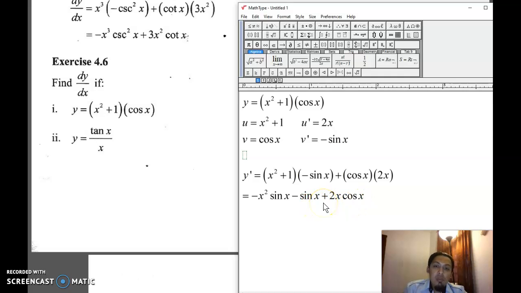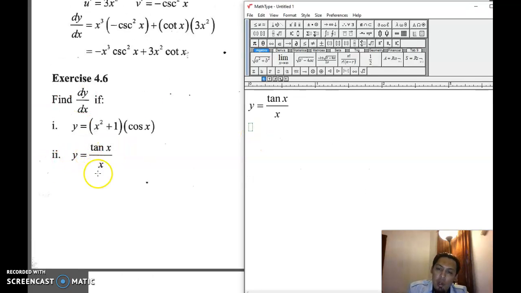Okay, let's try to look at the next one, which is this. For this one, we have a quotient rule. So let's do the u and v. u is x, v is x, and for tan x, the derivative of it is secant squared, and for x it is 1.